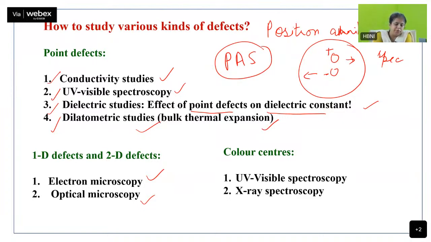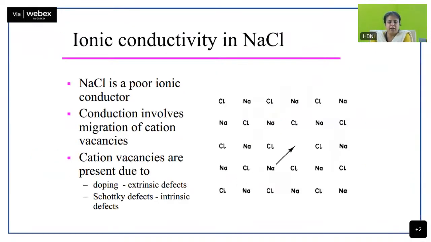So it's electron and optical microscopy sometimes. Okay, let's not talk about that, to avoid confusing you further. Color centers: because they're color centers, by virtue of that itself you would know that you can study them by UV-visible spectroscopy. Sometimes you can also study them by X-ray spectroscopy, where you need to excite them with X-rays. So these are general techniques.